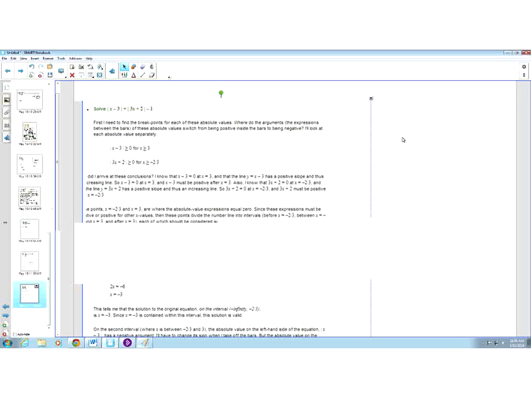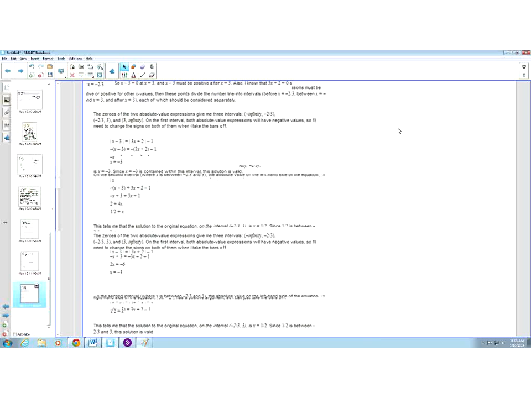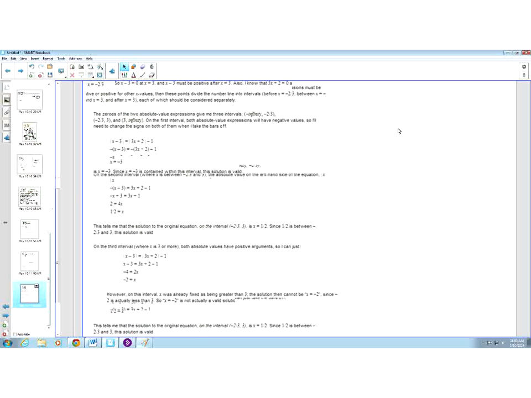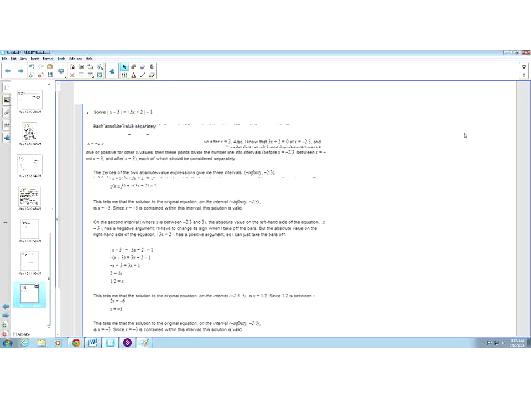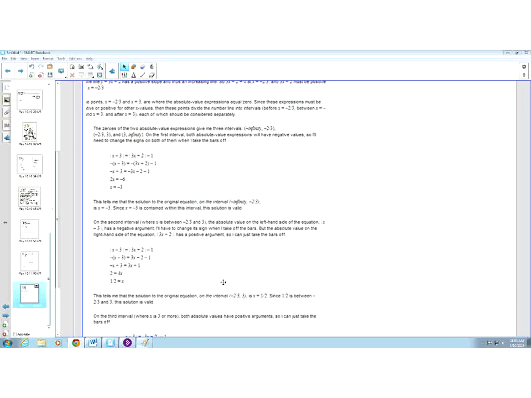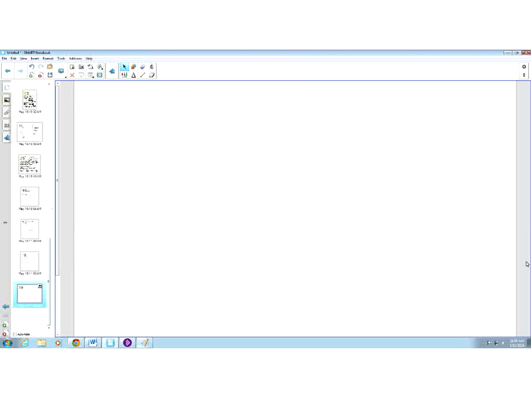All right, that's better. So look at this, solving an inequality with two absolute values. And now solving inequalities with absolute value. So let me give you an example.